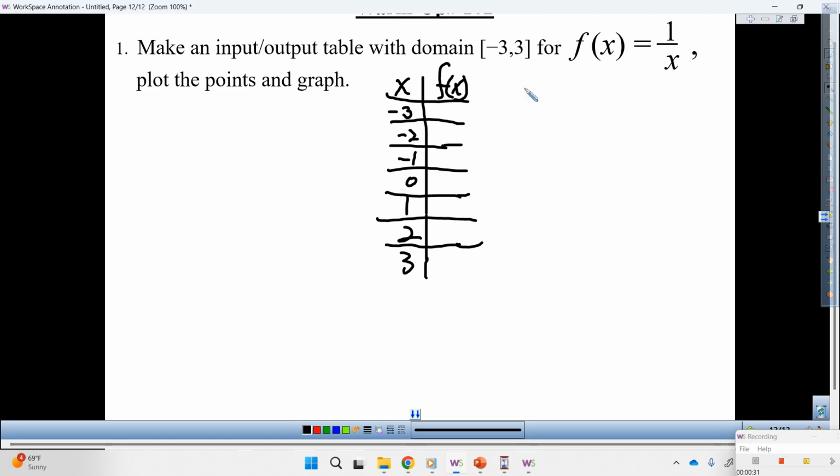And our function is f of x equals 1 over x, so parentheses for x, if I substitute -3 there, it's -1/3. -2 there is -1/2. -1 there is -1. That one is undefined. Then 1 there is 1, 1/2, and 1/3.